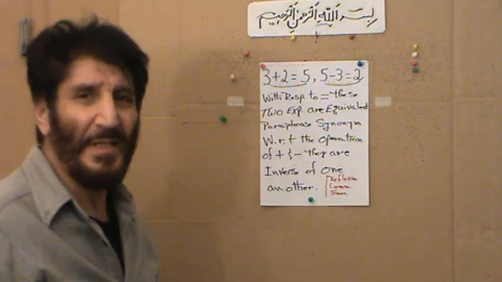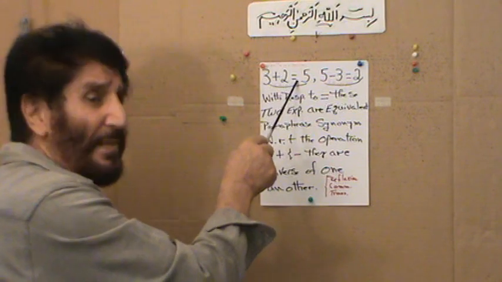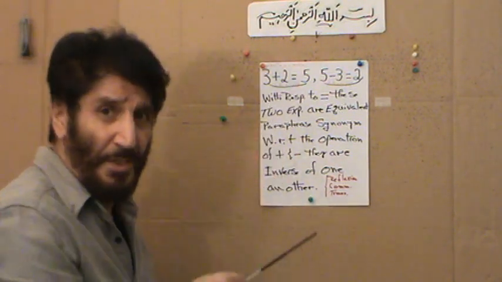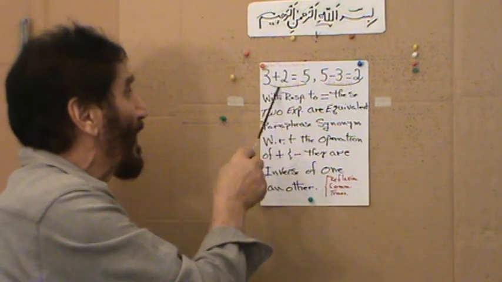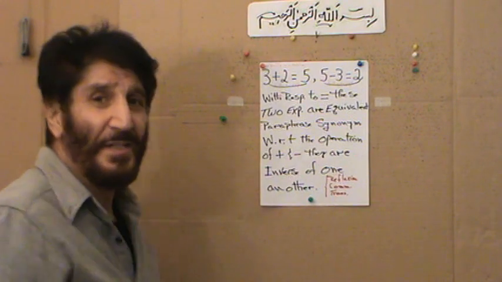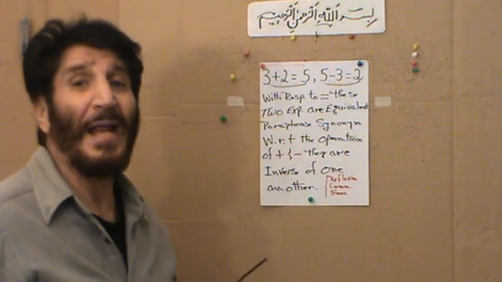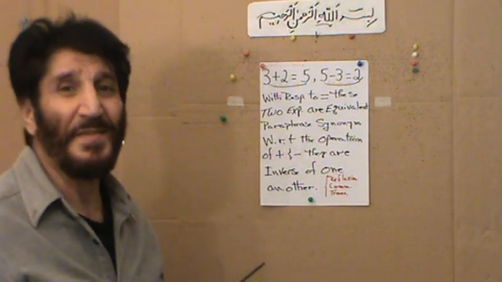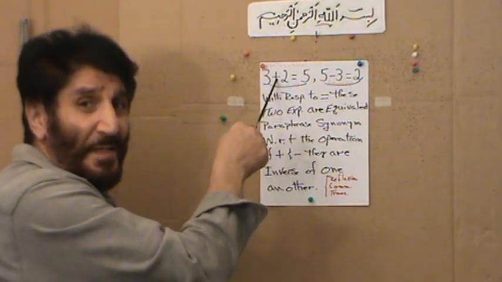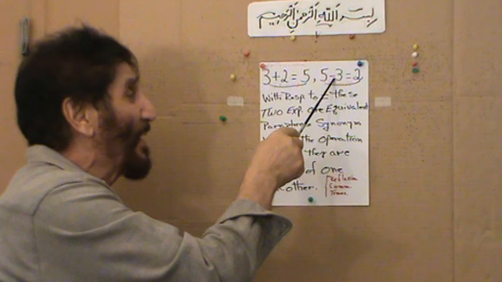But that is a little bit aside. Equality itself is a relation. Now, with respect to equality, this arithmetic expression and that arithmetic expression are equivalent. They are paraphrases of one another. They are synonyms. Now, with respect to the operation, this one is addition and this one is subtraction.